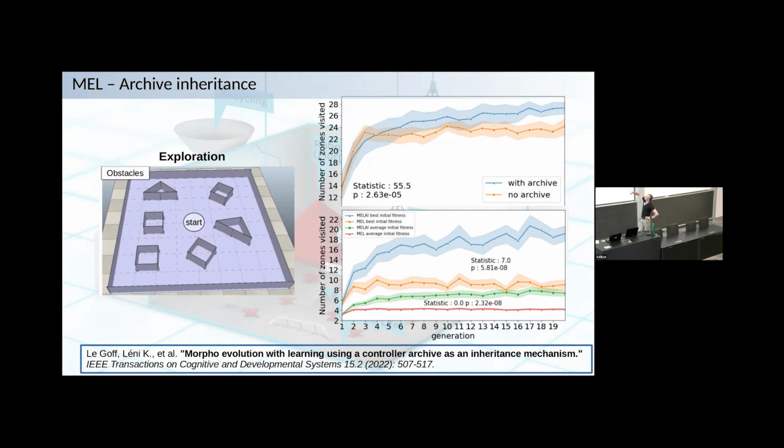The bottom graph shows the initial fitness: the best initial fitness in blue with the archive inheritance and orange without, and the average initial fitness in green with the archive inheritance and in red without. We can see that most of the offspring robots start from a significantly better fitness. So with the same learning budget, you can actually reach a better fitness, and you also speed up the learning process.